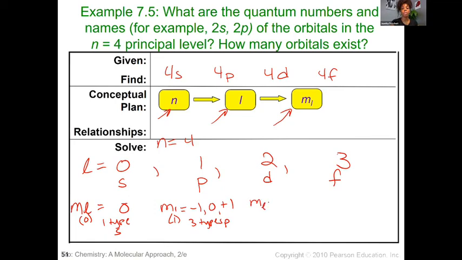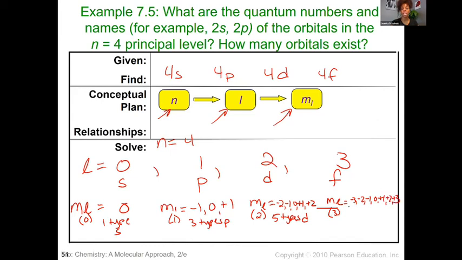When L is equal to 2, our ML values are -2, -1, 0, +1, and +2. So that tells me we have 5 types of d orbitals. And the ML values based off of L being equal to 3 would be -3, -2, -1, 0, +1, +2, or +3.